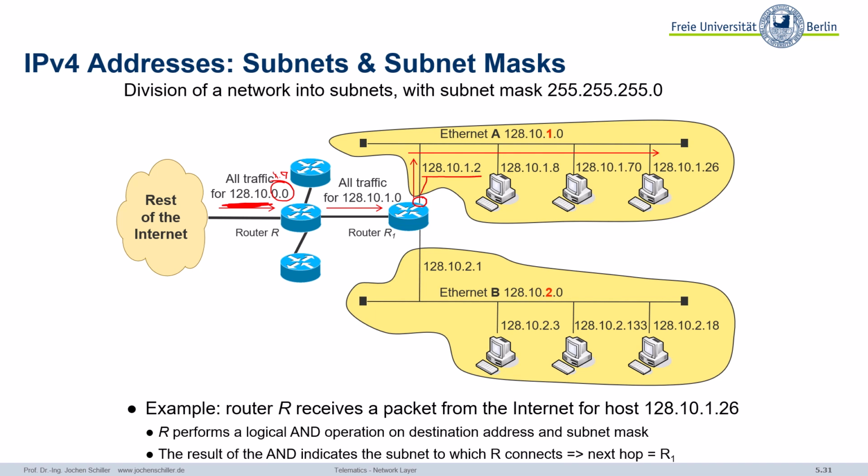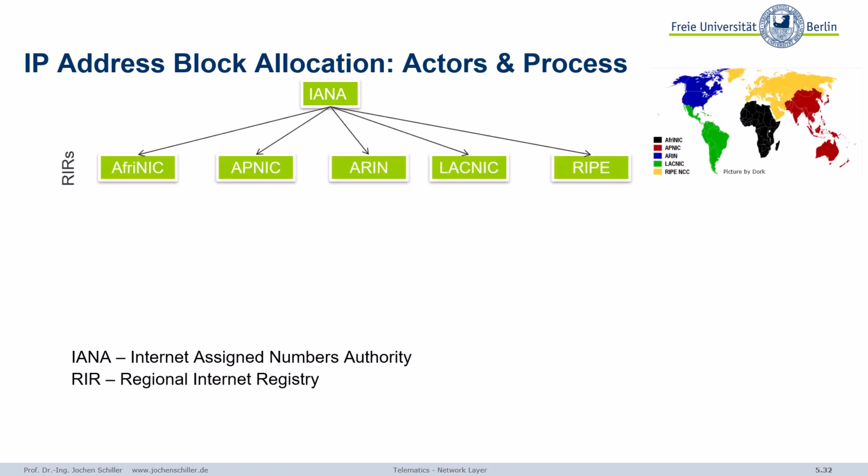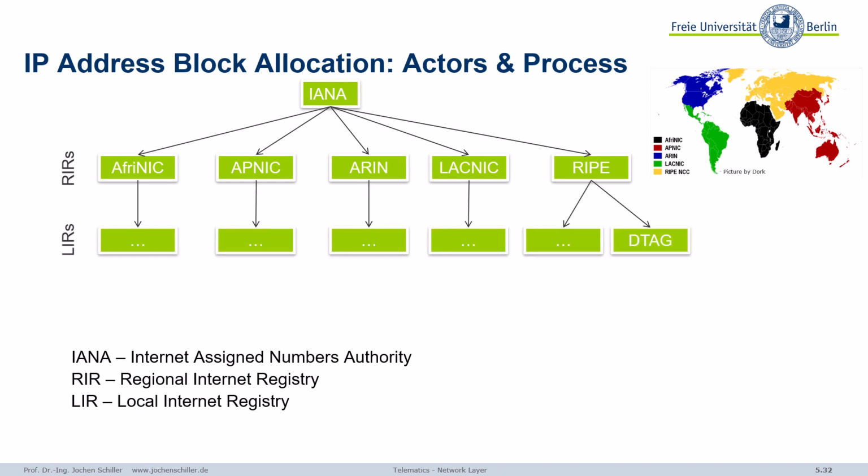So where do I get those addresses from? Overall, there's the Internet Assigned Numbers Authority, IANA, and they take care of the whole address range. Then there are so-called regional internet registries, like RIPE in Europe, and they are responsible for giving away parts of the address space to local internet registries.